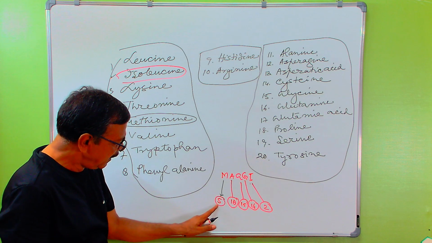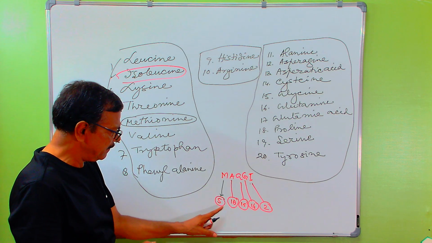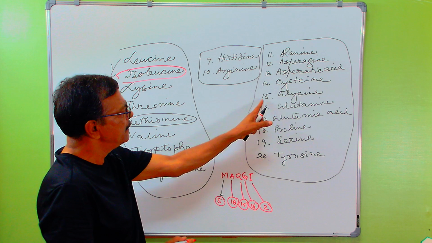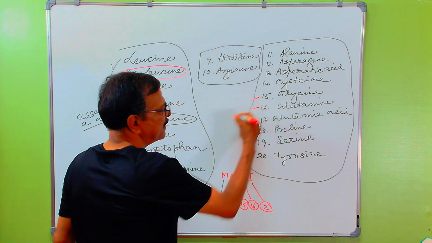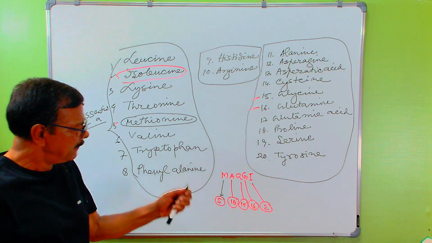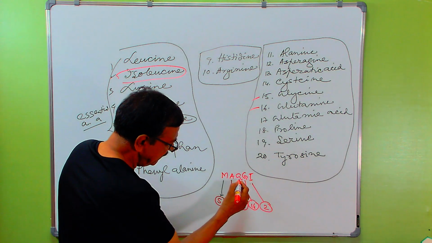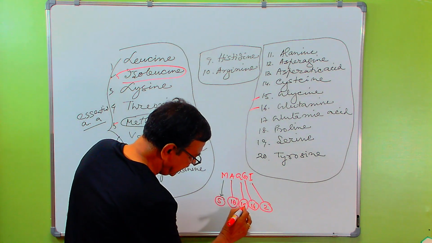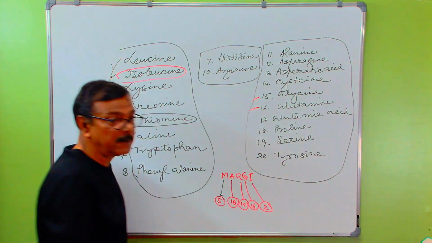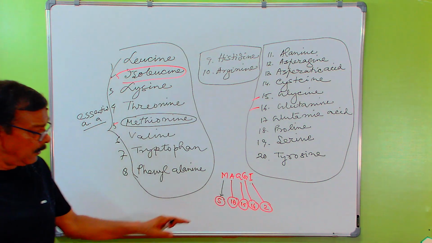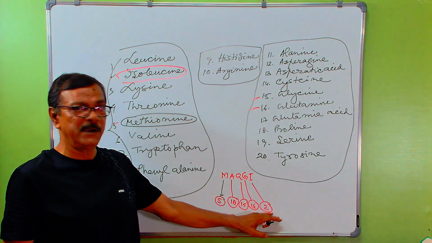Now, 15 and 16 are glycine and glutamic acid. If it is produced as 16 and then 15, it will be a different one. So it will be in a definite sequence.